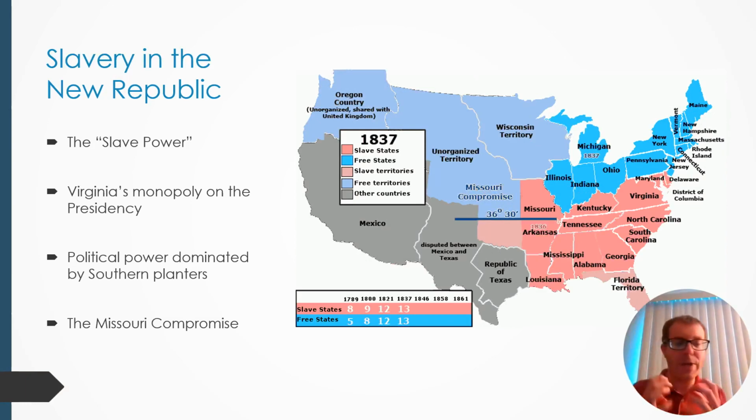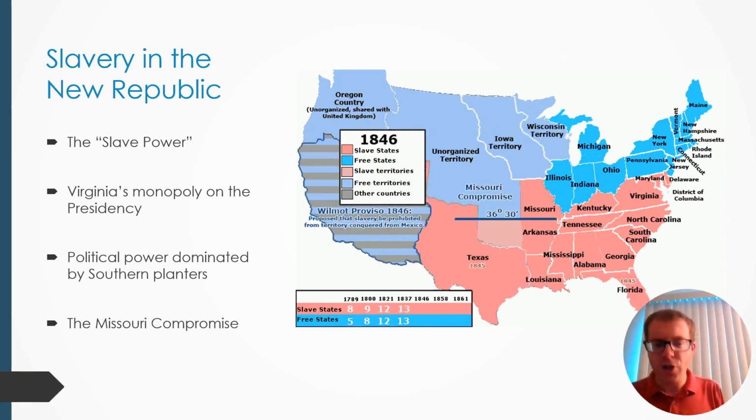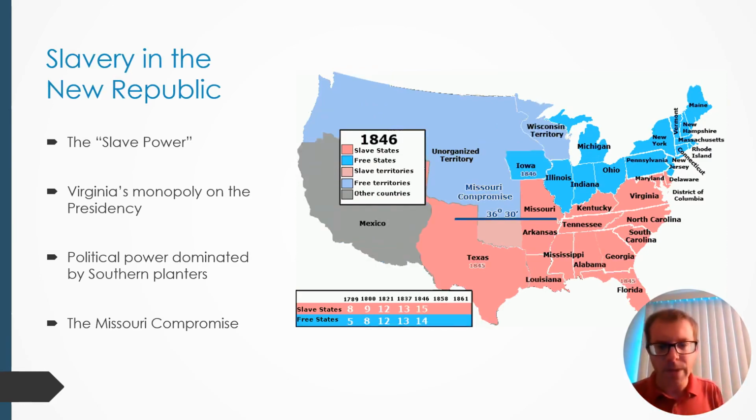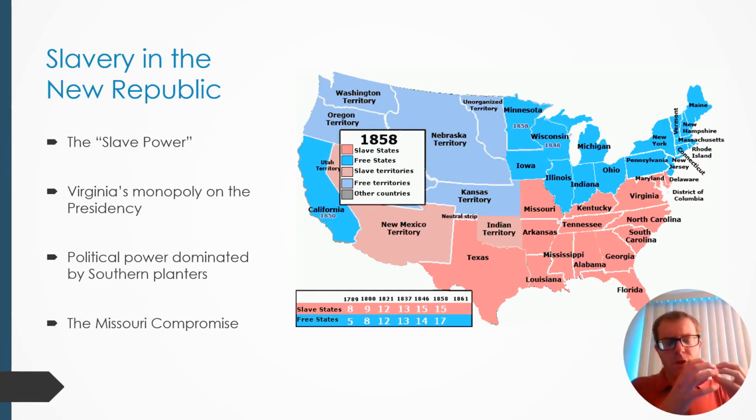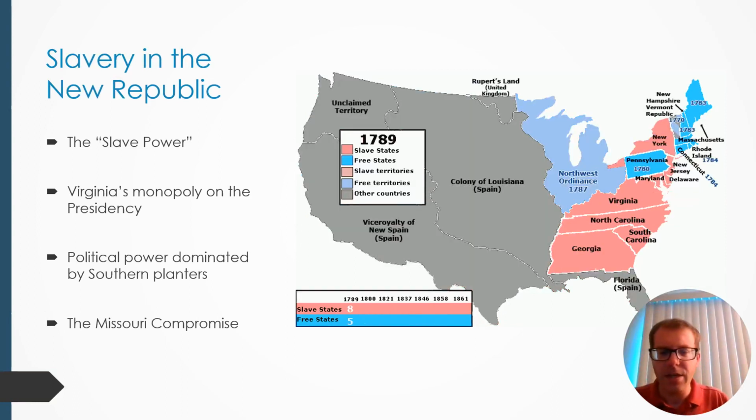And one quick example to show that is the question of the Missouri Compromise. So Missouri petitions to join the United States around 1820, and Missouri ended up having immigration from mainly parts of the South.